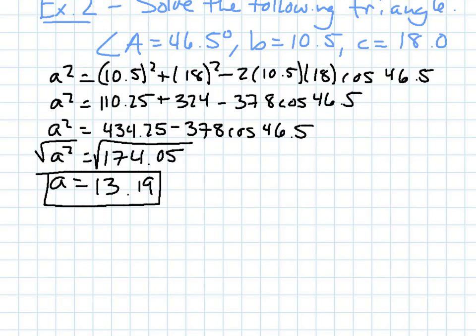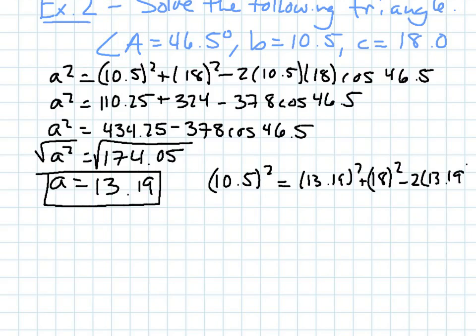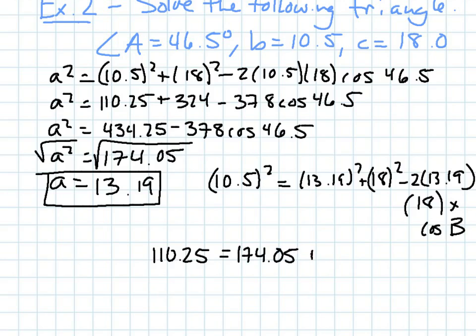So let's say I want to find angle B. So 10.5 squared equals my 13.19 squared plus 18 squared minus 2 times 13.19 times 18 times cosine of angle B. Okay, so here 13.19 squared is that 174.05 that we were talking about. 18 squared again was 324.